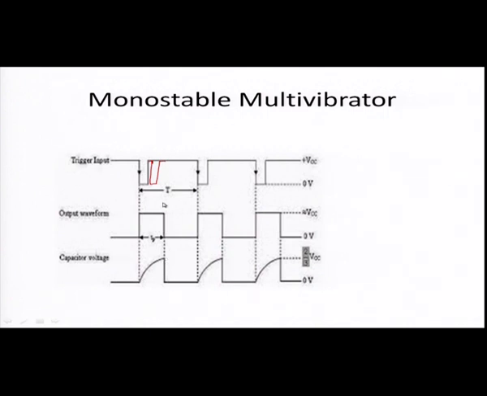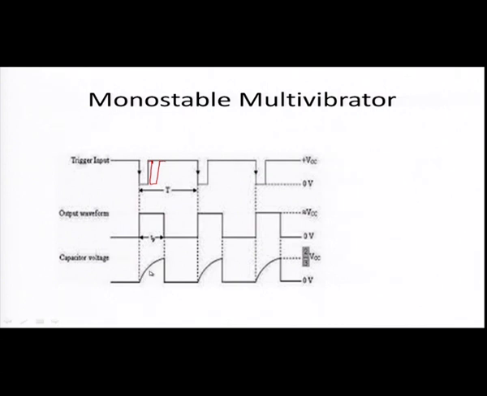If there is another trigger pulse before this 2/3 VCC, say the time period is t. So, once this t elapses, only then will the trigger make the capacitor charge. Before this t, if any negative trigger is present, it won't affect the output of the monostable multivibrator.